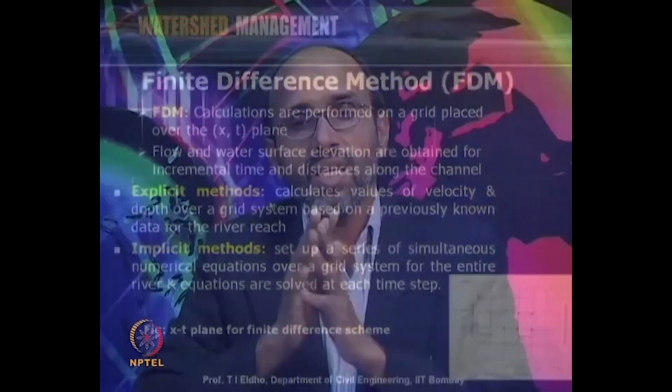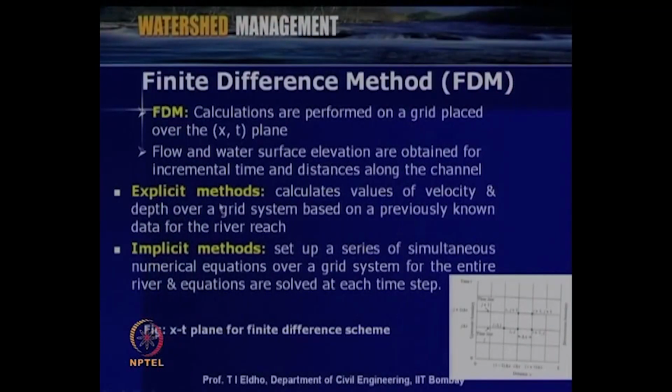In the explicit methods, we calculate the values of velocity and the depth over a grid system based on previously known data for the river or channel reach which we consider. So, from one step to another step we are directly calculating the values, either flow depth or discharge or velocity.